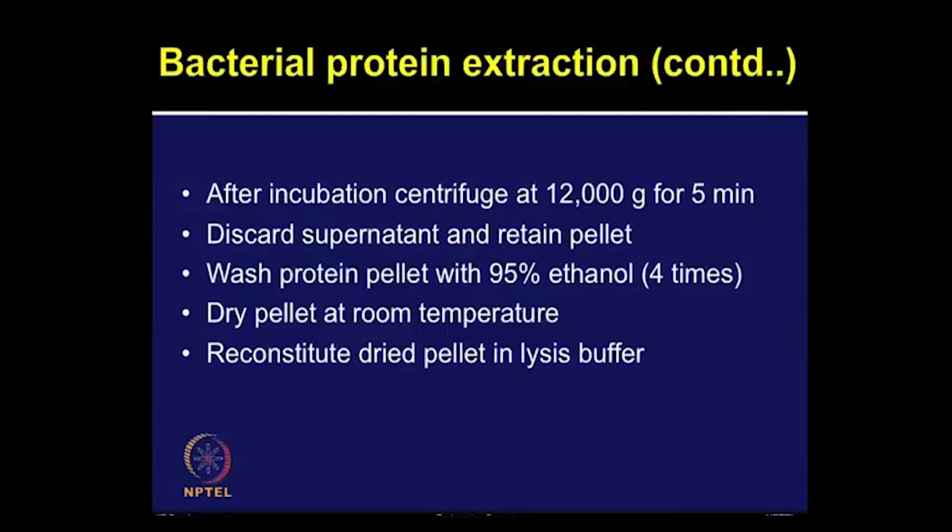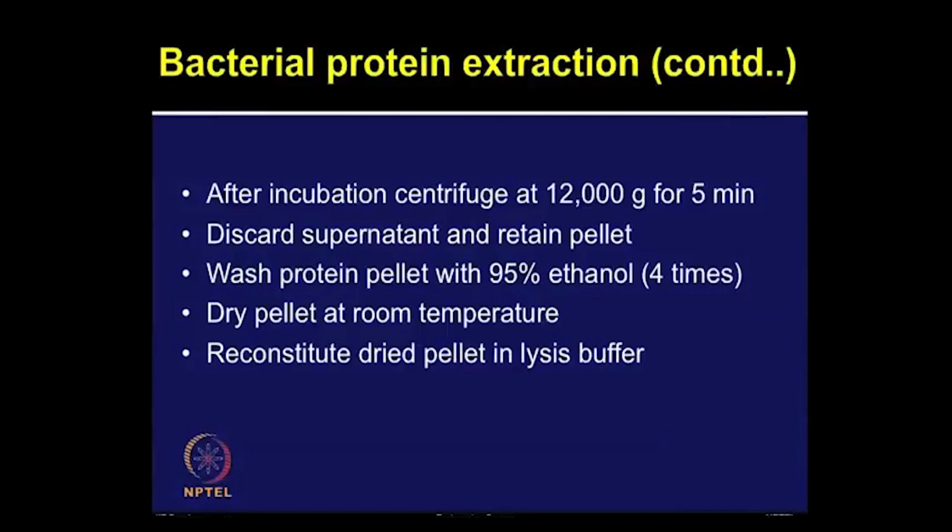Then dry this pellet at room temperature, and this pellet can be reconstituted in a buffer suitable for your analysis. If you are going to perform 2-dimensional electrophoresis, you need to add the lysis buffer which contains urea, CHAPS, thiourea and different other components which we have talked about previously.